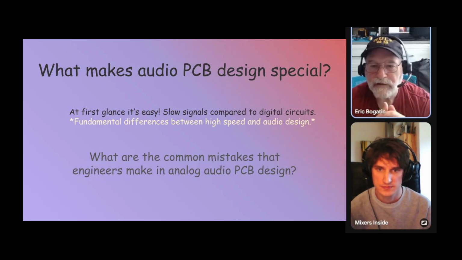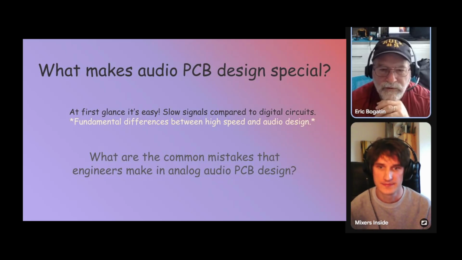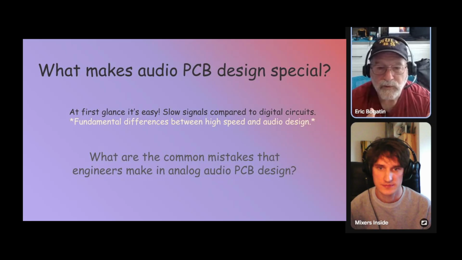That's what you want to filter out from the analog devices. And that's where good ferrites come in to filter out the noise from the power rail on the board to the analog devices.